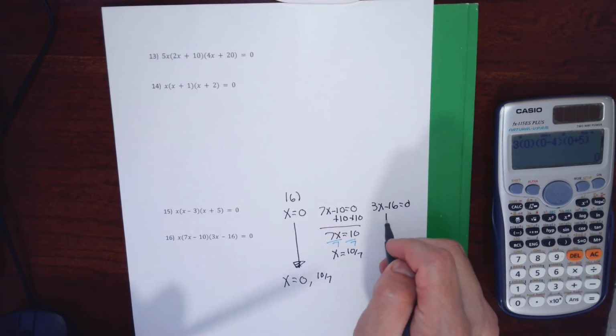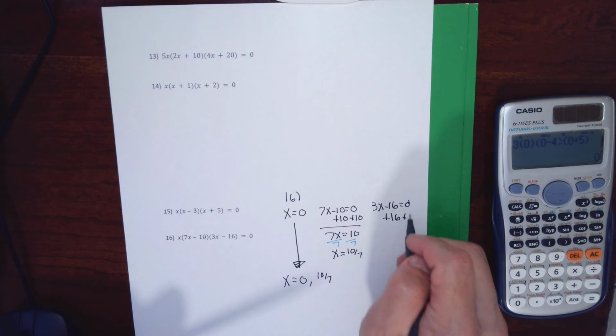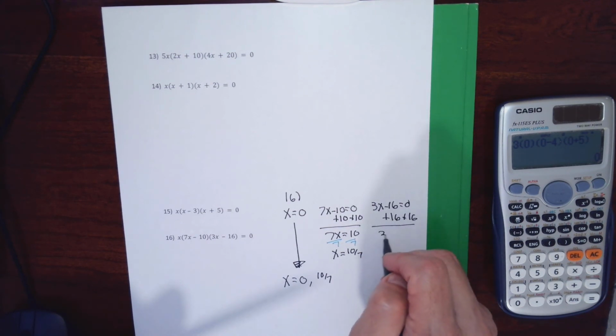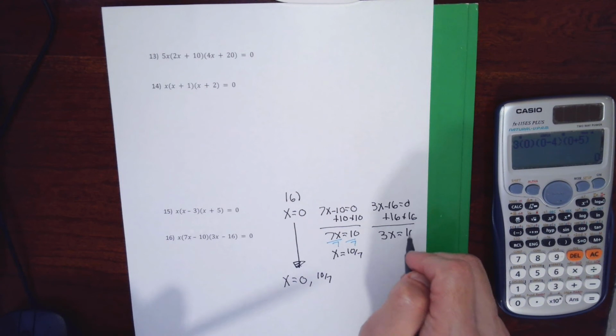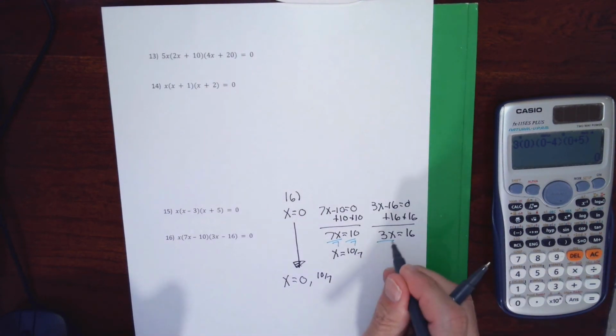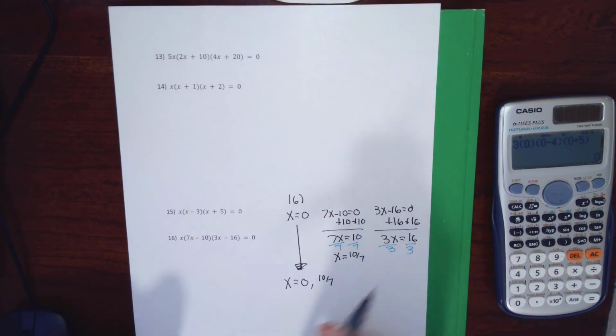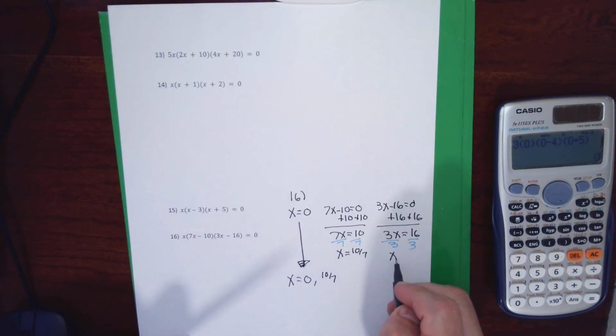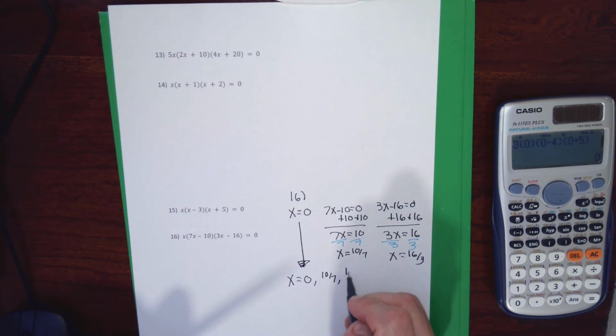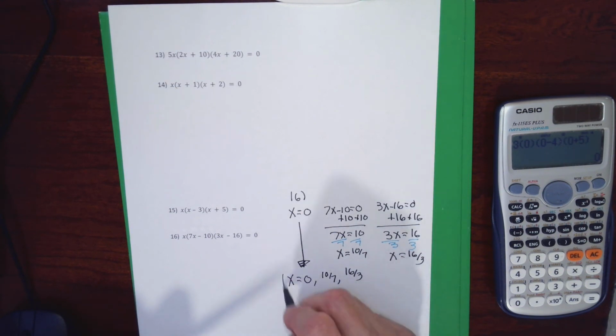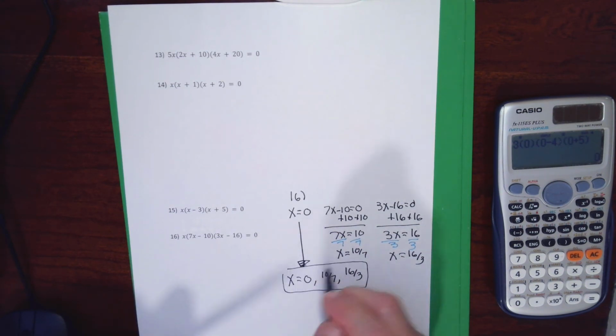The 3x minus 16 gives an answer of 16 over 3. All of these will check. I'll just write the answer down just to save time because I know this is going to be a 4-parter. And the checking, you can mindlessly press buttons if you want to.